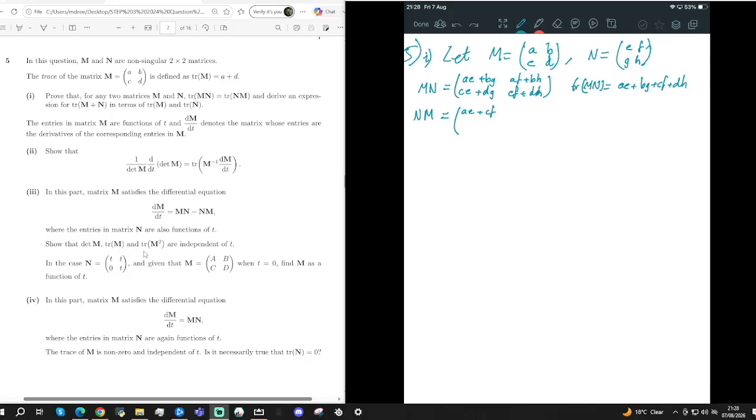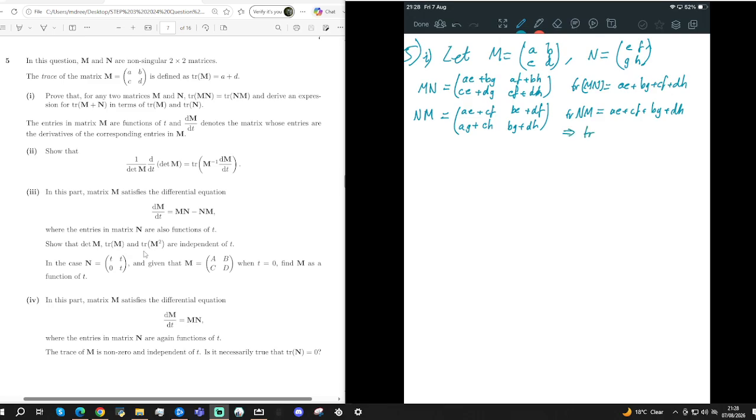So then it's going to be BE plus DF, and then AG plus CH, and finally BG plus DH. So the trace of NM is AE plus CF, and BG plus DH, and we can see that these are identical, but the BG term and the CF term came from different places.